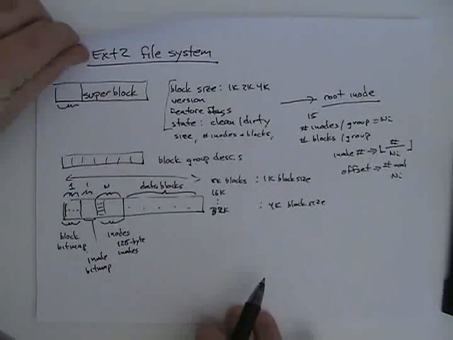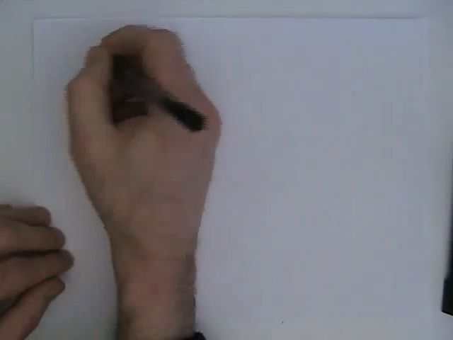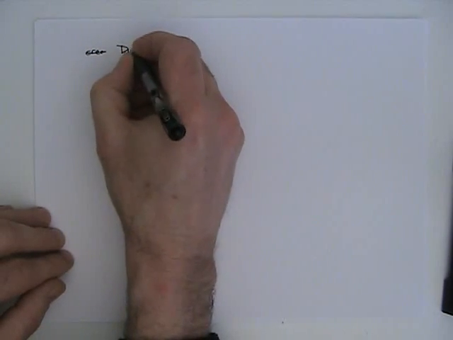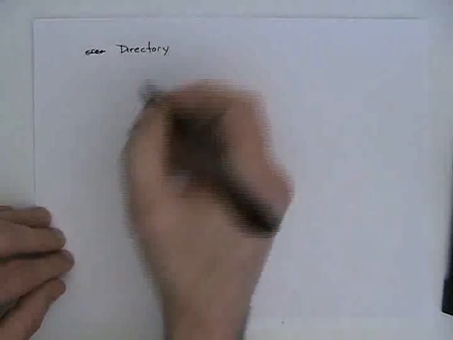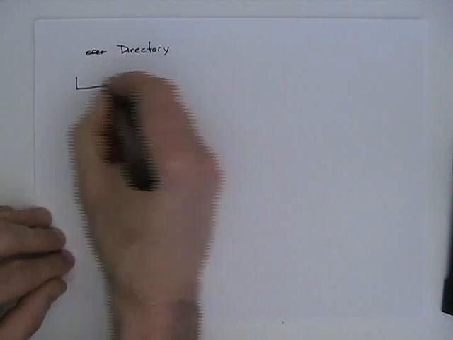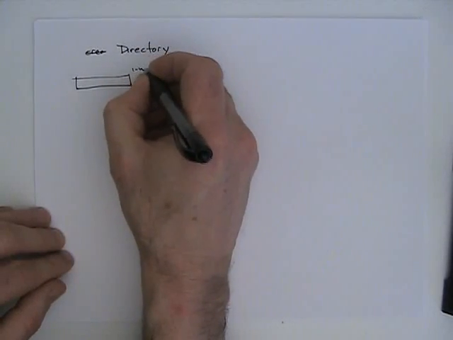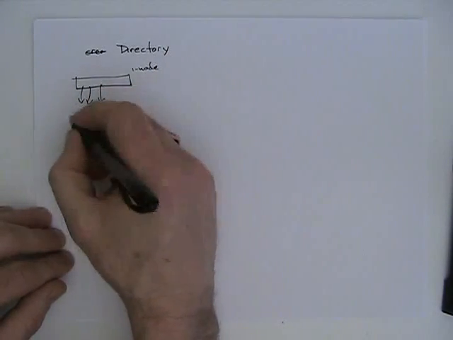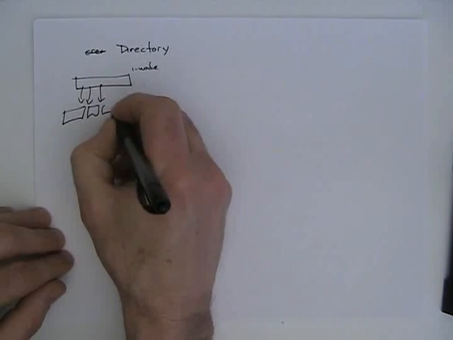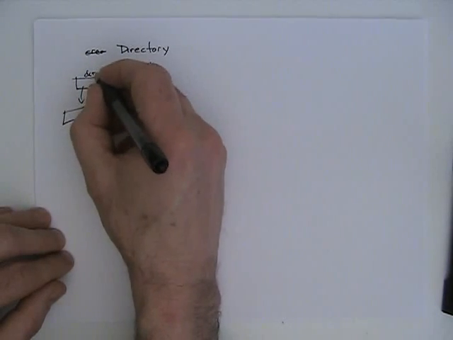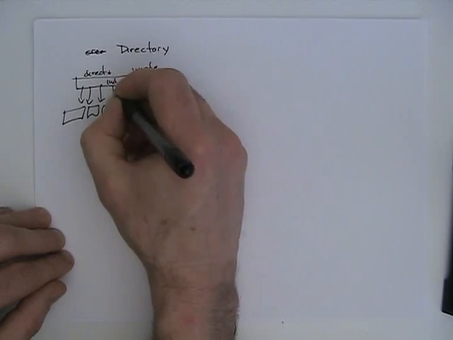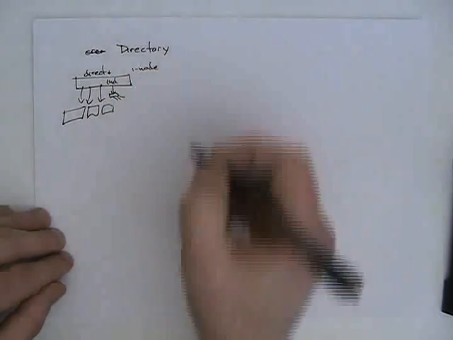So if we were going to create a file, finally, the last data structure is a directory. Now, like a file, a directory has an inode with direct and indirect pointers, and so on.